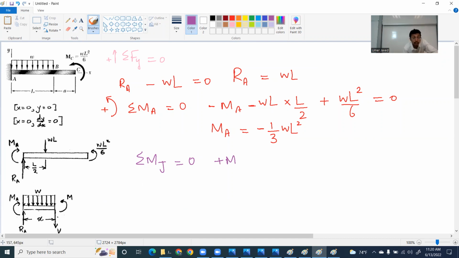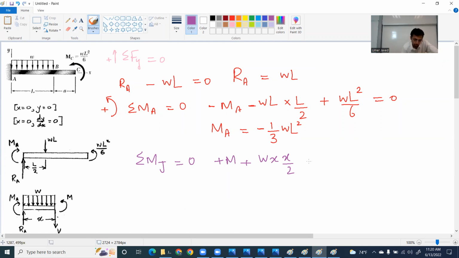Okay, so this is anti-clockwise, so I will put plus M. Then this W will act at the center, right? So plus WX multiplied by X by 2. This will be an anti-clockwise moment about this right corner.